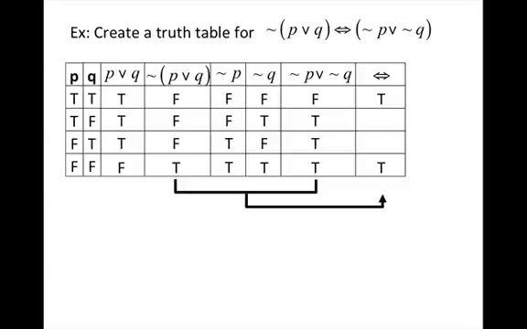In the last row, they're both true, so my biconditional will be true for the final row. In rows 2 and 3, these two columns have opposite truth values, so my biconditional is false. So for the biconditional, compare the columns for what comes in front of it and what comes after it.